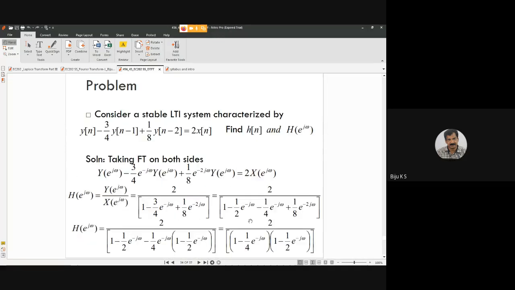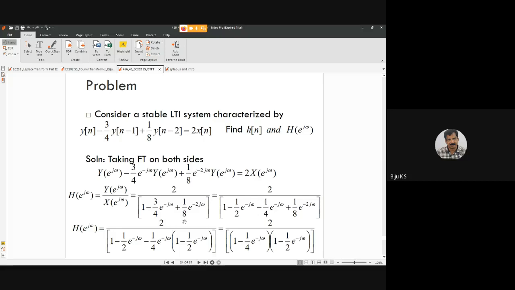Then in the previous one, you find the magnitude by taking the root of real square plus imaginary square in the numerator, and the denominator is also the root of real square plus imaginary square. Then you draw a graph: the y-axis is the magnitude of H of e raised to j omega, and the x-axis is the omega values.